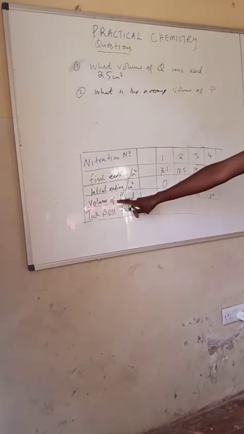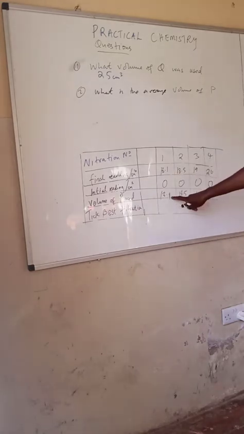You remember I said this is P. So the average volume, it means this one plus this one plus this one plus this one.